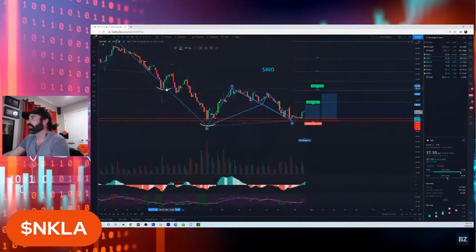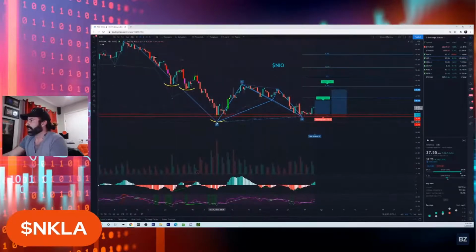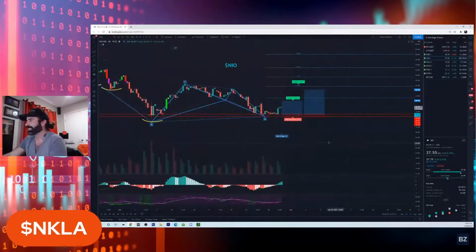On the way down, you've got these little accumulation points. These bottoms show a little bit of accumulation going on. You come down to, again, the D point is where we wanted to get in for any type of bullish harmonic.